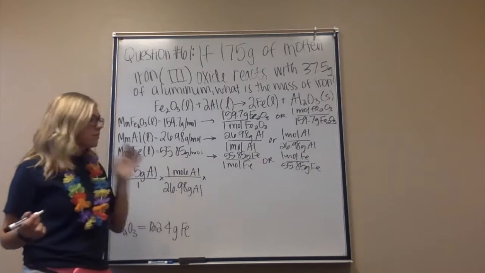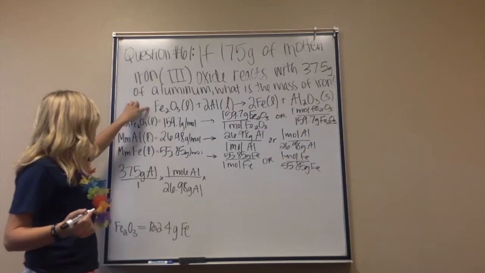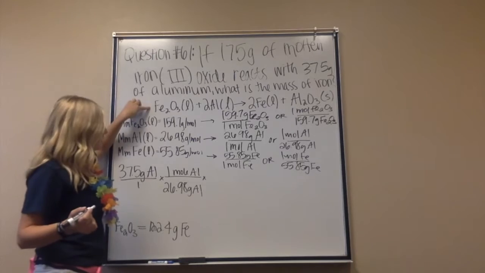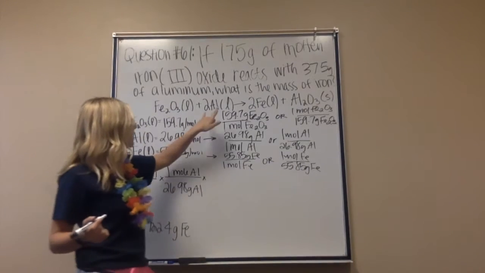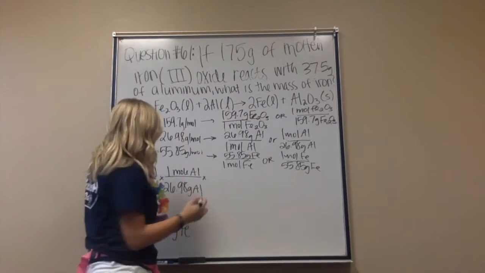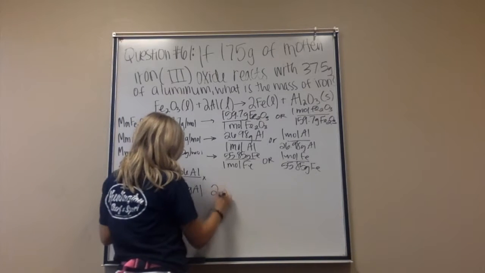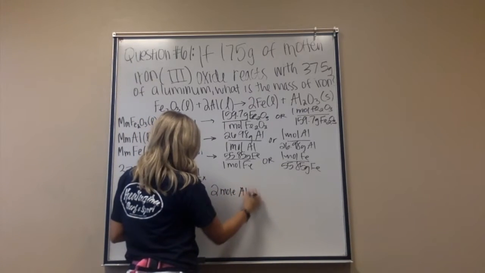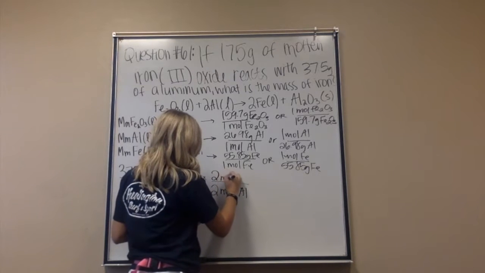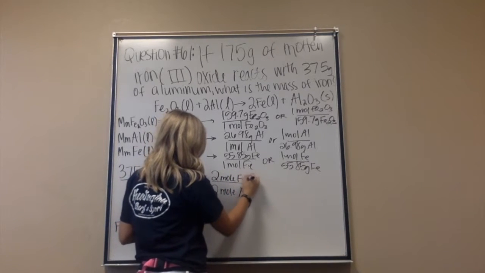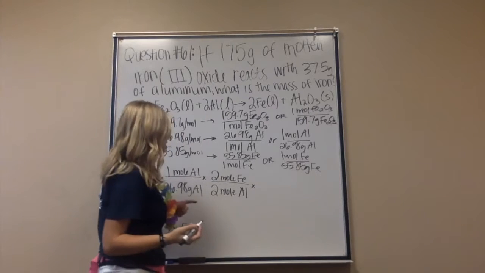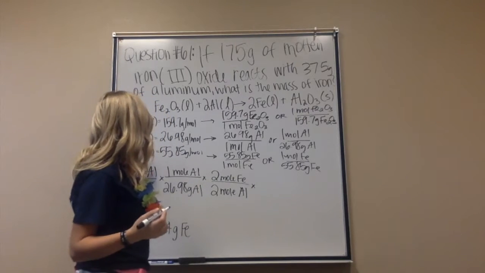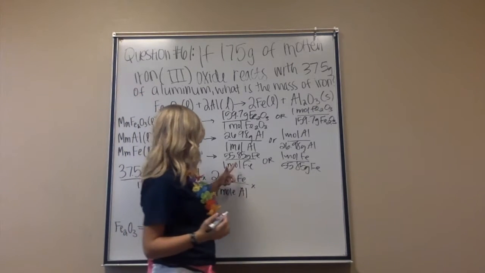The next one is the molar ratio, again using the balanced equation. The moles of Al is 2, and the moles of Fe is also 2. The final step is to use the molar mass of Fe again, so we use the one on the left.